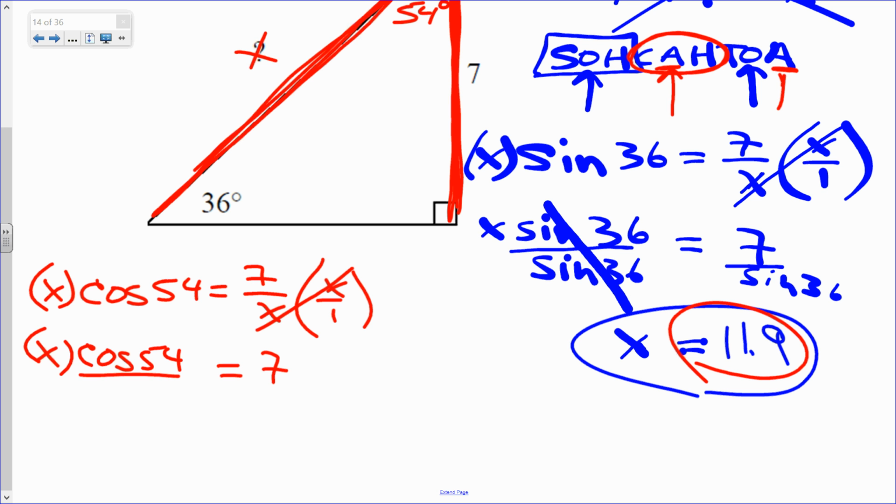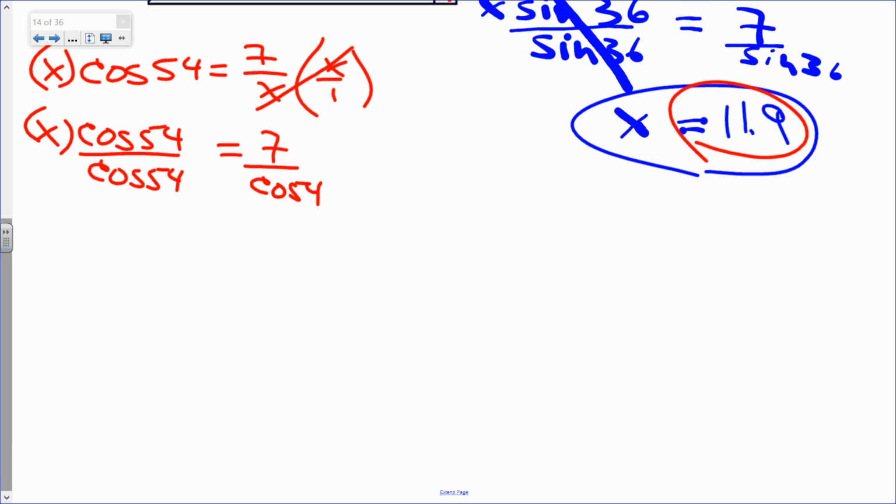So I'll divide both sides by the cosine of 54 to get x by itself. Cosine of 54 divided by cosine of 54 is gone, so I have x alone. Now go ahead and type this in your calculator: 7 divided by cosine of 54. You should get 11.9 again.